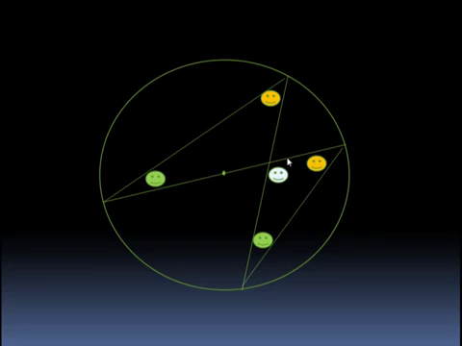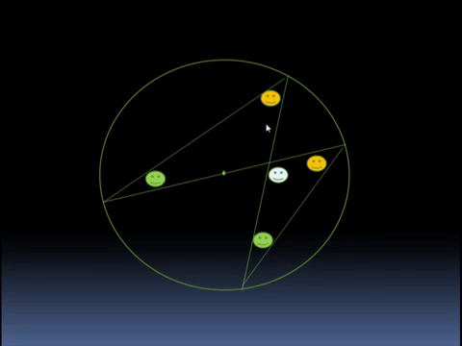But we can also think about line properties: when two straight lines cross each other, the opposite angles, the vertical angles, are equal. So this angle and this angle will be equal.